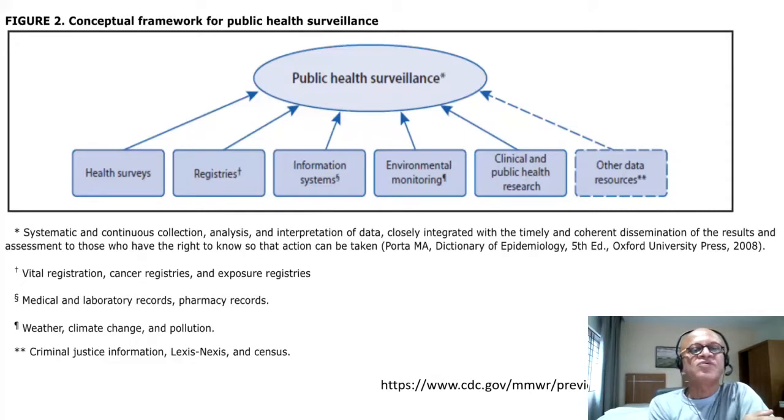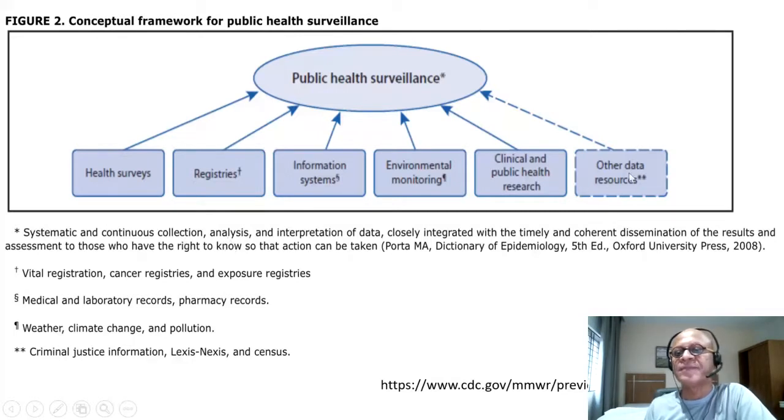So typically a conceptual framework for public health surveillance would go like this. This is from CDC in the US, the Center for Disease Control. So you have public health surveillance. So this is not necessarily climate sensitive disease surveillance. So there are slight differences, but obviously many overlaps. So they include health surveys, which CDC carries out, registries, so systematic and continuous collection.